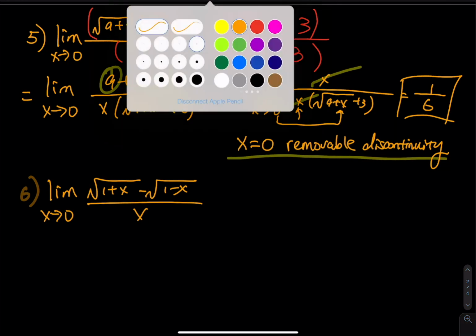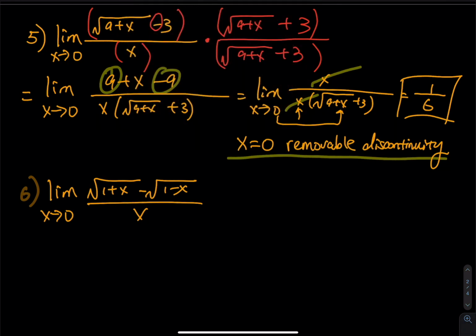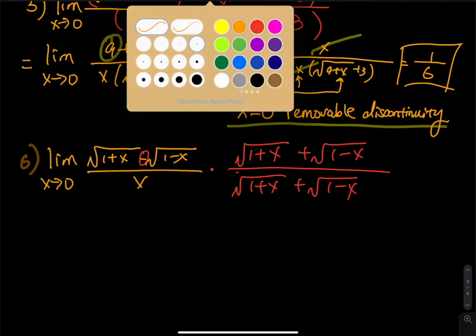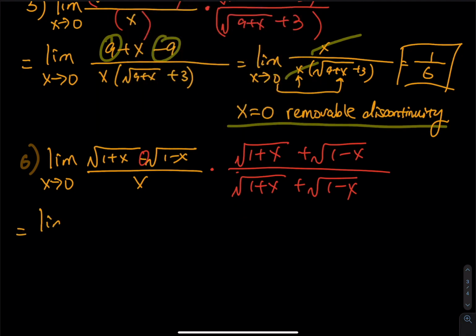Assuming you are already done because you paused the video, right? So the conjugate is, we take the opposite sign. So that is the square root of 1 plus x plus the square root of 1 minus x. And then you multiply. So you multiply the top, you have the limit as x approaches 0.